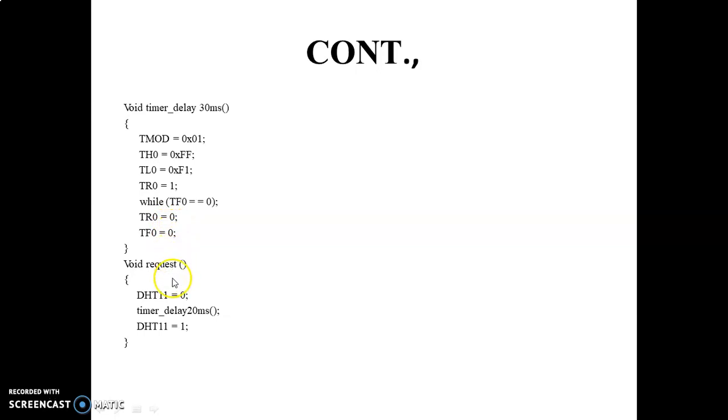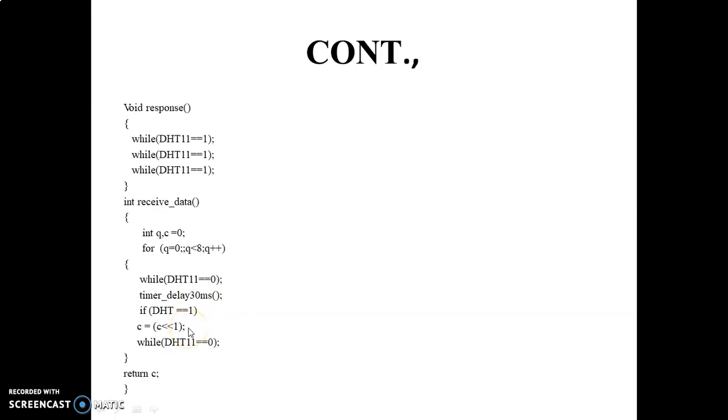Then the microcontroller sends the request by setting the pin low, waits for about 20 milliseconds, then sets the pin high, then receives the response from the DHT11, then receives the data, then checks whether the received bit is either 0 or 1. If the pulse is longer, then it is logic high, otherwise it is logic low.